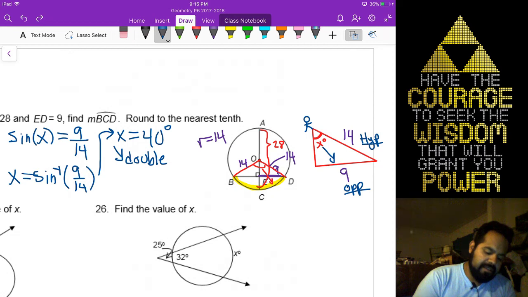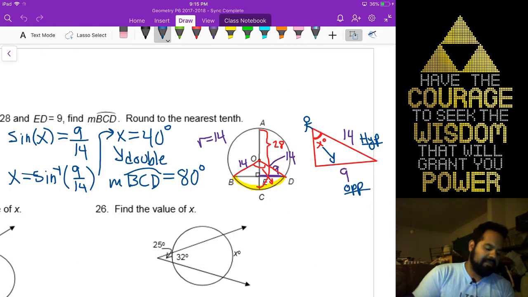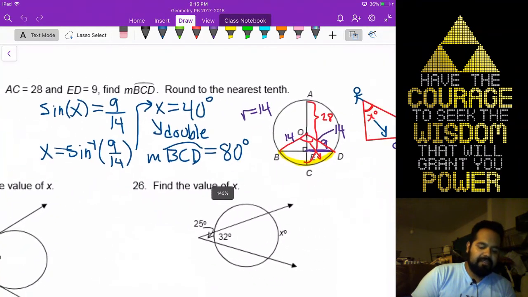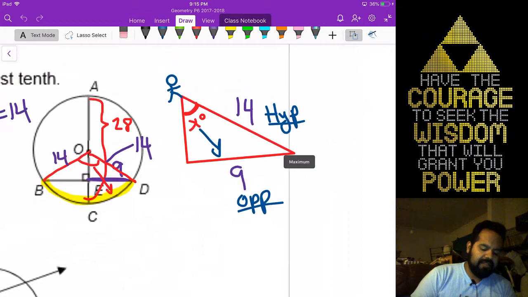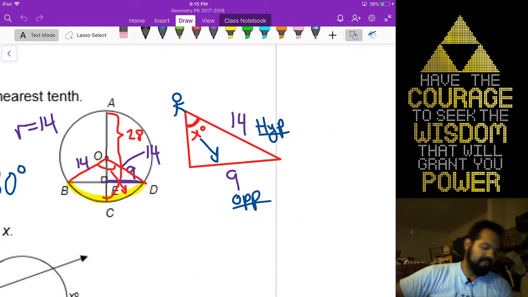So then the measure of BCD is going to be 80 degrees. Cool. So hopefully that was of some help to you, Riley. Just a reminder to make sure you draw your triangle, because I know you guys know how to do your trig, your beautiful SOHCAHTOAs.